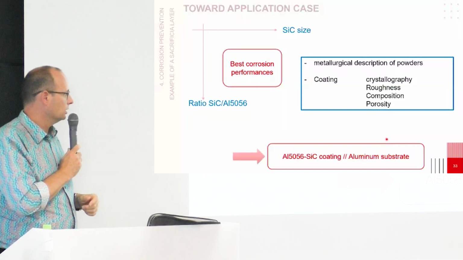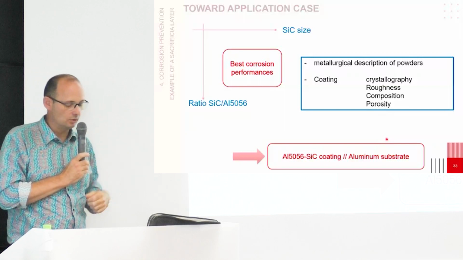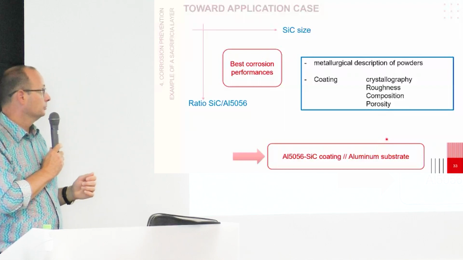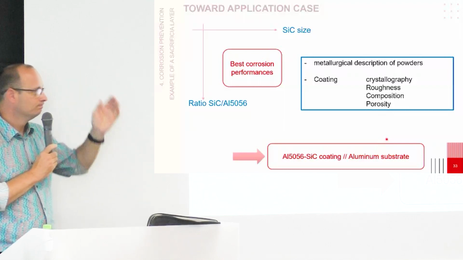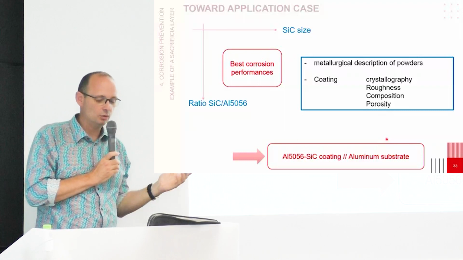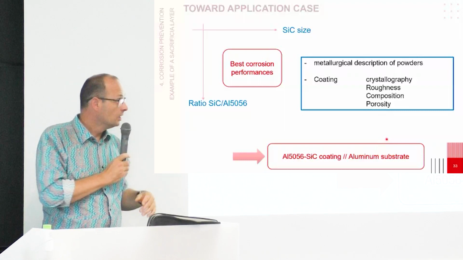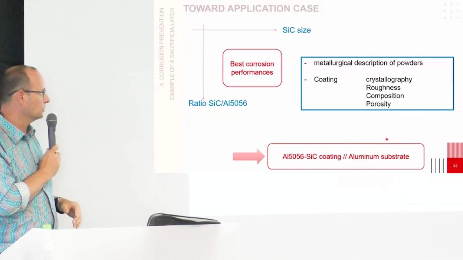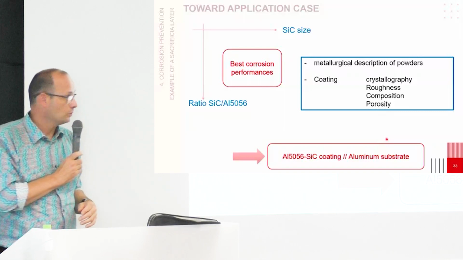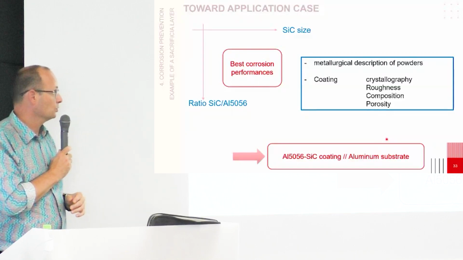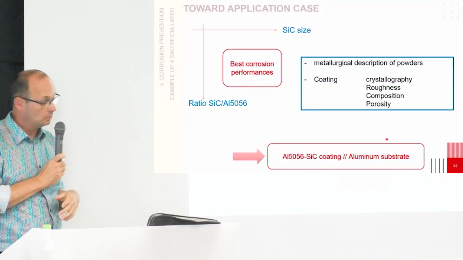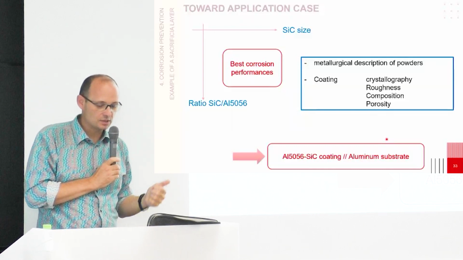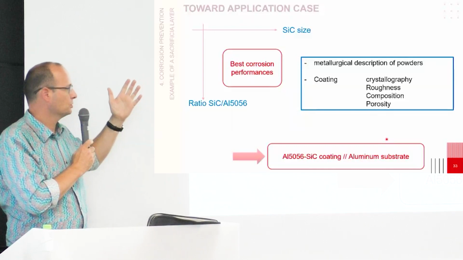So I will insert silicon carbide during the coating elaboration, and with that, I would like to get better corrosion resistance. So now, if I want to understand if I will get better corrosion resistance, I will first describe the metallurgy of the powders that I'm using, and I will also characterize the coating itself, so its crystallography, roughness, composition, porosity.